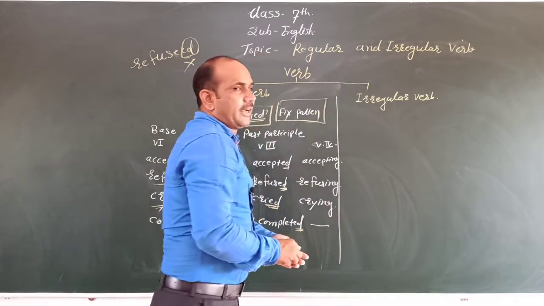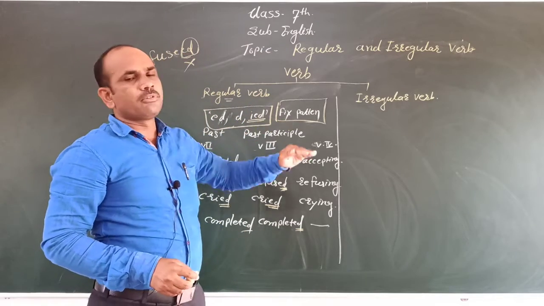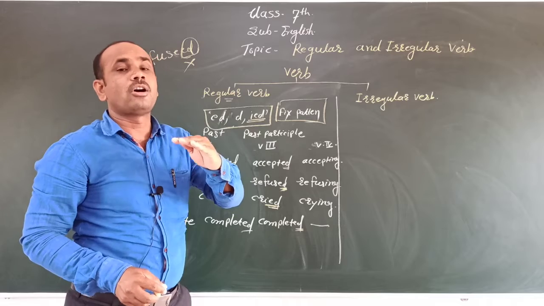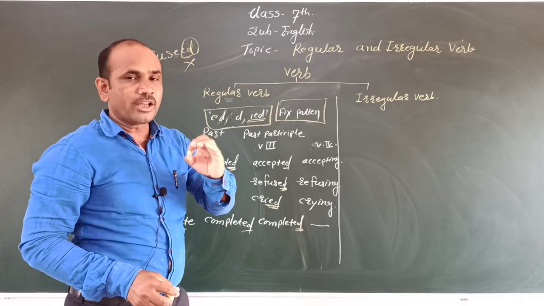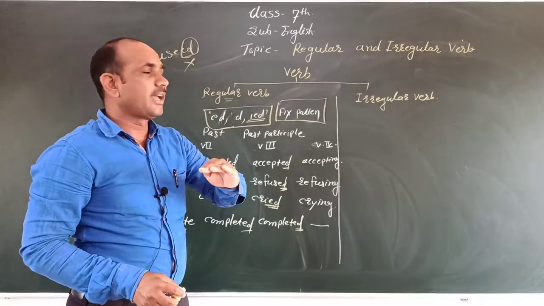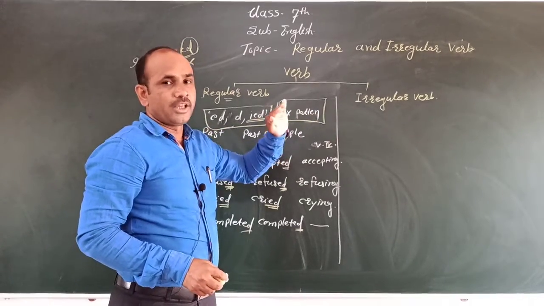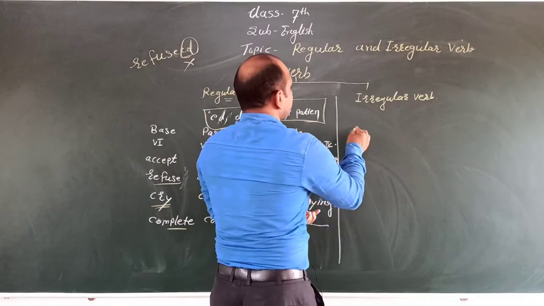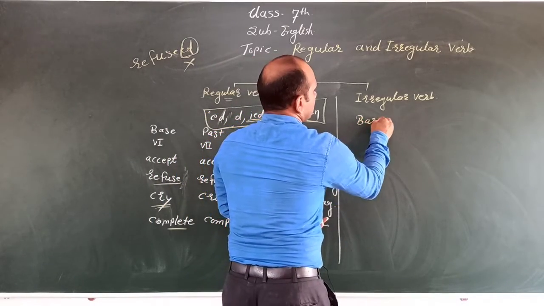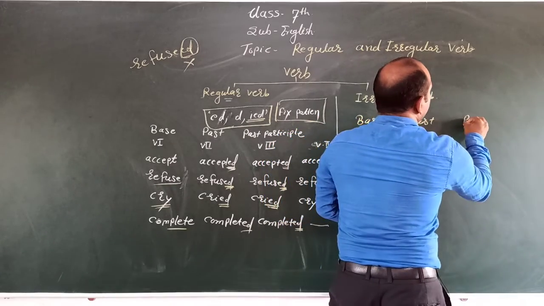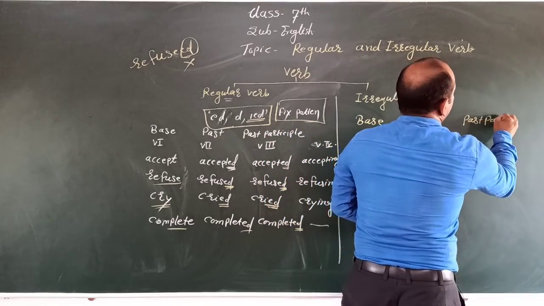Irregular verb, its meaning is that at the end of the verb we are not writing the ed or d or ied. If we are not writing the ed, ied or d, that time we call the irregular verb. For example, we are writing this example: base form, past form, that is the second form of the verb, and past participle.